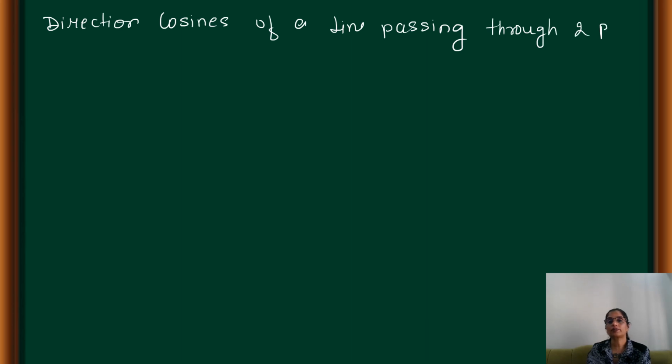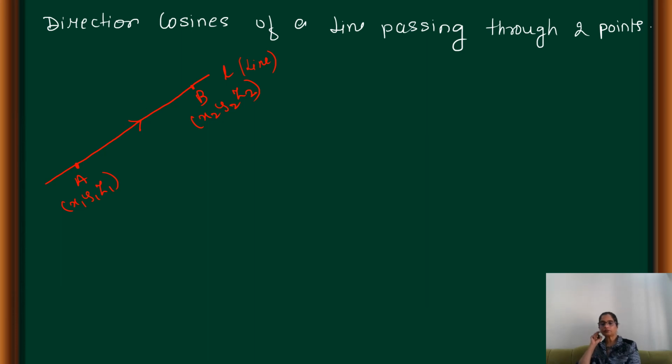That means if we take this as a line, this line is a directed line. So this line is going through A and through B. What are the coordinates of A? Let's say they are x1, y1 and z1, and the coordinates of B are going to be x2, y2 and z2. Correct?